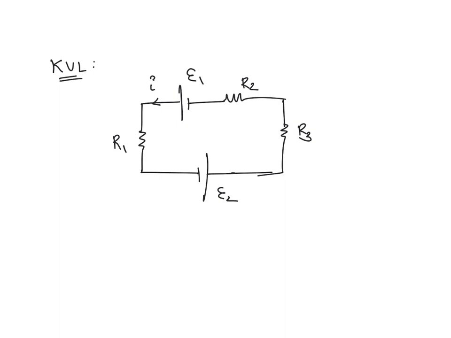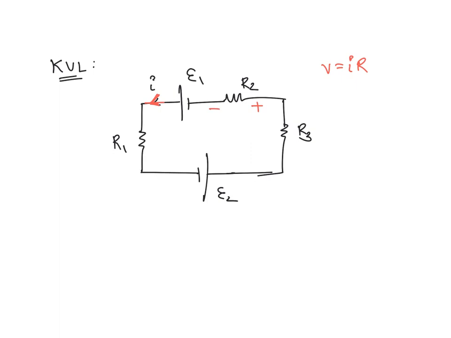While applying Kirchhoff's voltage rule, you need to get the potential difference across each and every resistor. You know that by Ohm's law, V is equal to I into R, correct? Current always flows from higher potential to lower potential, so I will mark the higher potential and lower potential like this.